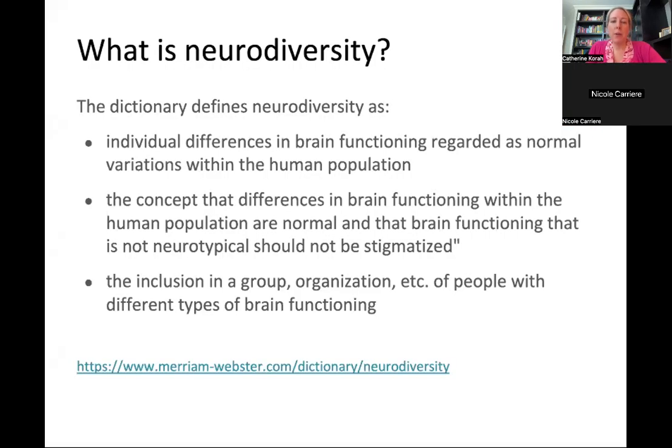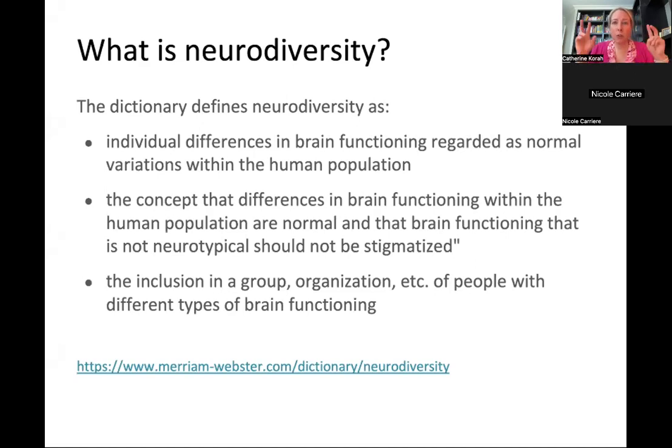Now, before I talk about the anxiety portion, I really want to define what we mean by neurodiversity. The dictionary definition of neurodiversity is individual differences in brain functioning regarded as normal variations within the human population.